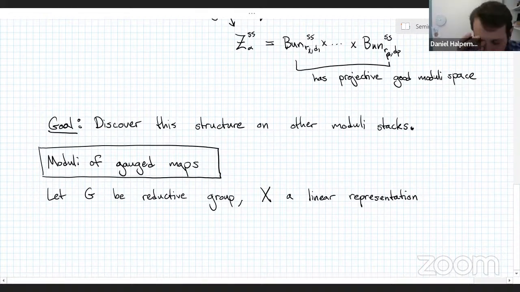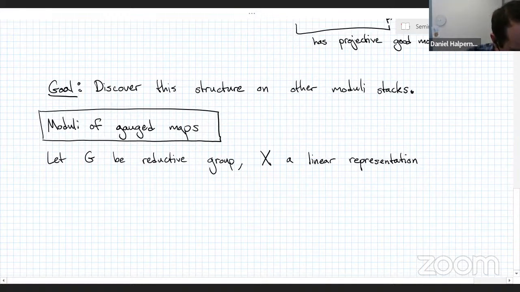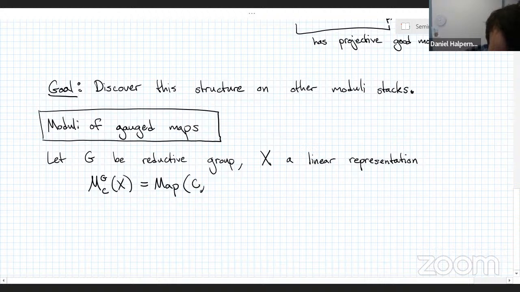Basically what we're going to study is an algebraic geometric model of the gauged linear sigma model. The stack we consider is called Map_C(X/G), a mapping stack from the curve C to X mod G, the quotient stack.